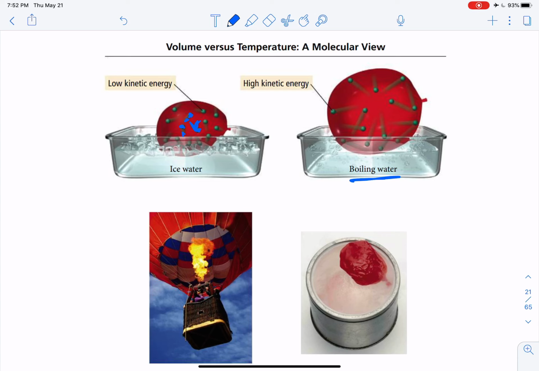And like we said on the other side, wherever the container will expand, it's going to expand.